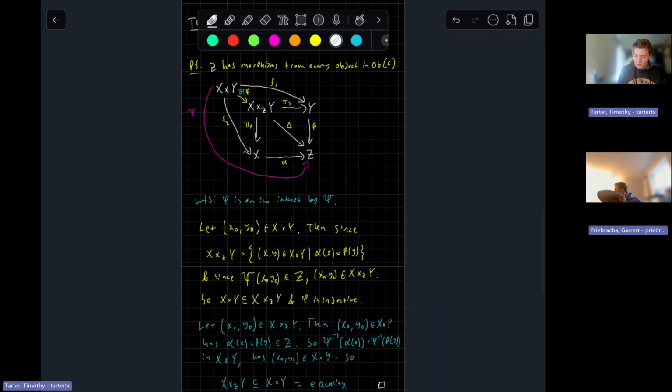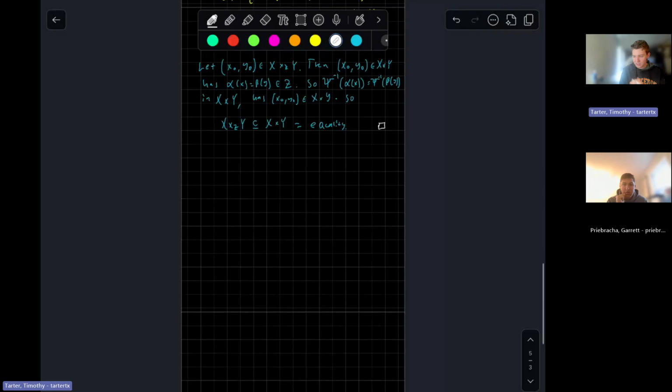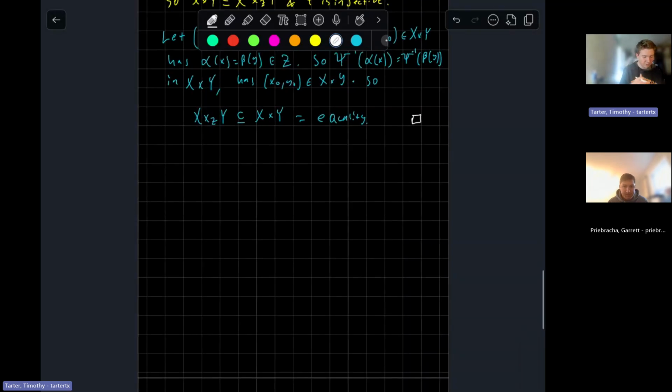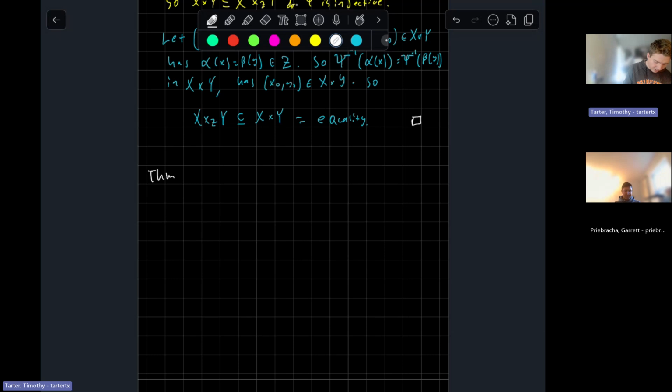Okay. Useful exercise. Towers of pullback diagrams are pullback diagrams. And so this is something that is useful because when we deal with homological algebra, we are going to deal with these things called exact sequences and then long exact sequences. And if we can show that something is a pullback, that gives us some nice properties. Okay, so theorem: towers of pullback diagrams are pullback diagrams.